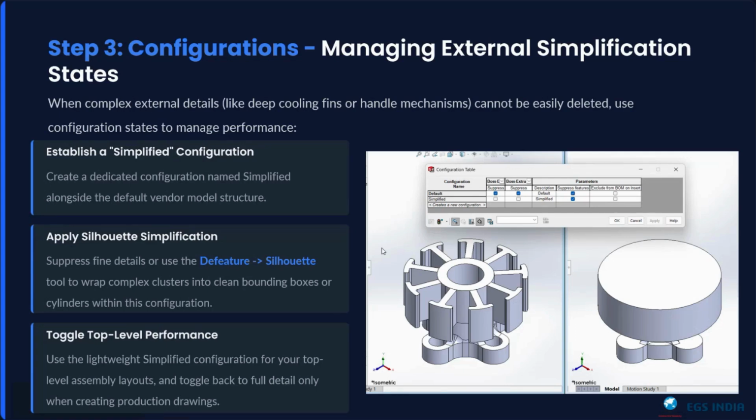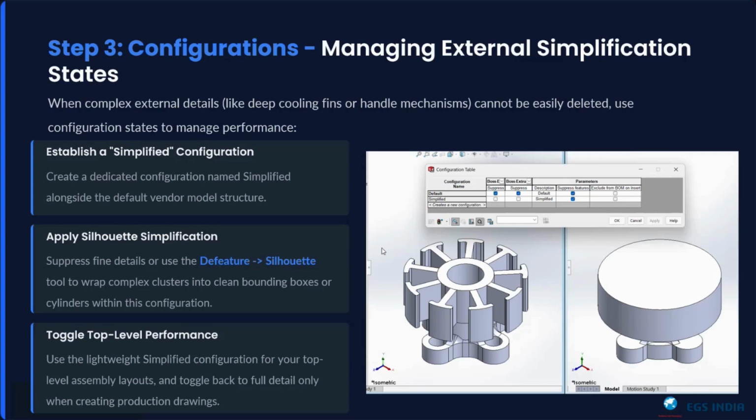We create a simplified configuration with boss extrudes and cut extrudes, and on the default configuration, all of these additional features that we've added can be suppressed. By doing this, we can maintain two different versions of the same geometry within the same file. Depending on the use case, each of these can be selected.